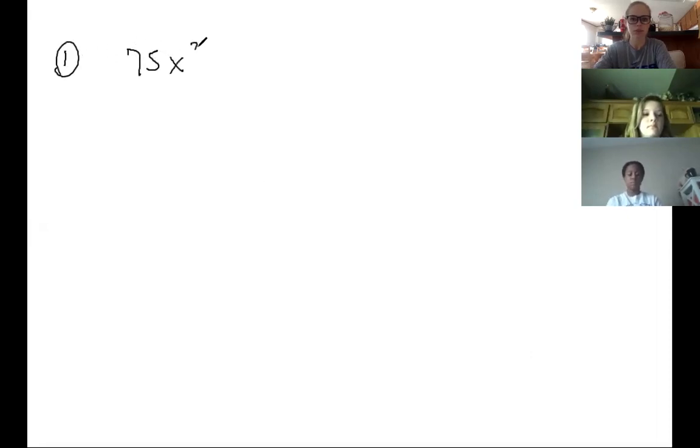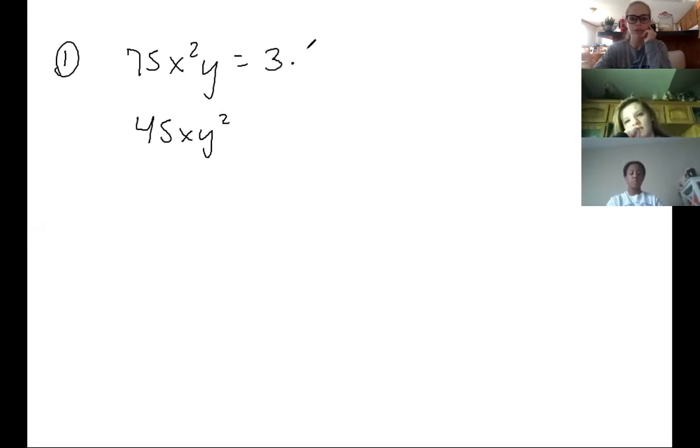So 75x squared y and 45xy squared. So list out the factors of 75. That would be 3 times 5 times 5 when you factored it.